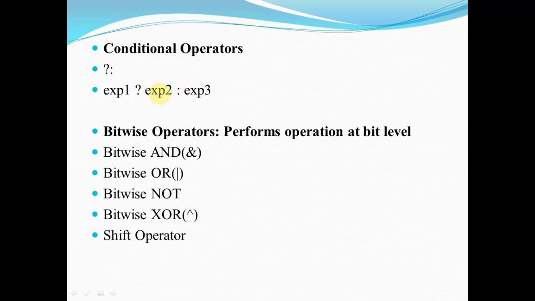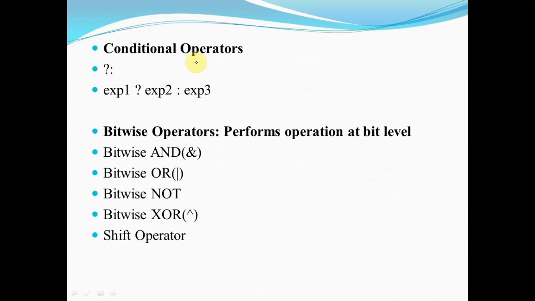But otherwise, if expression 1 is not true or if it is false, then in that case expression 3 will be evaluated and it will become the result of the expression. So this is how the conditional operator will work. So basically it is like an if-else statement. What is an if-else statement? That we are going to study in our incoming videos.